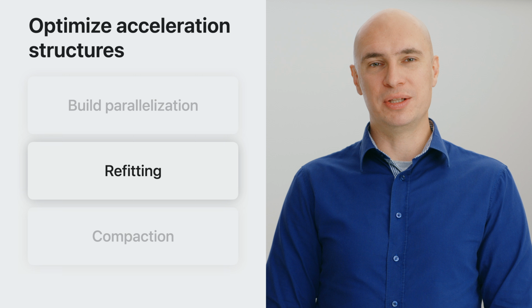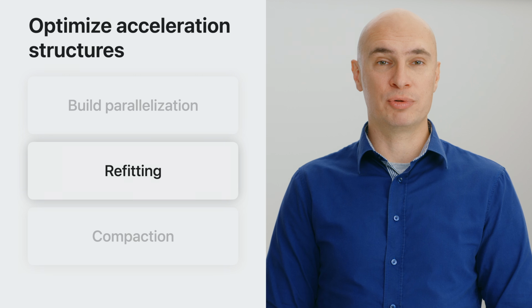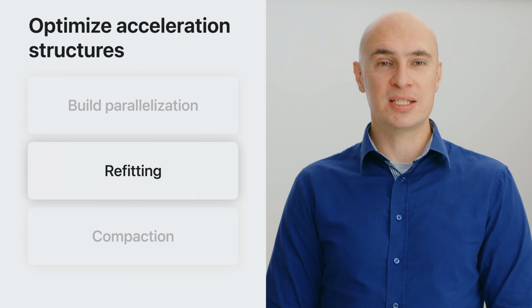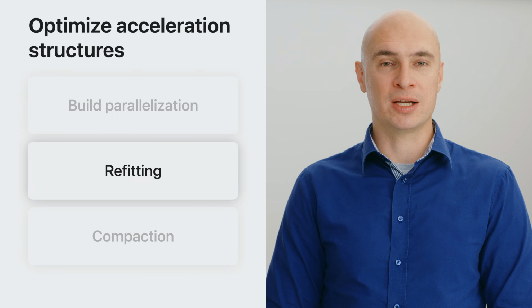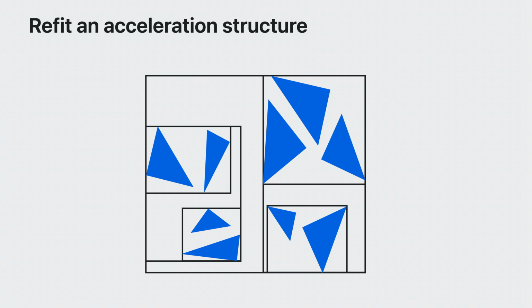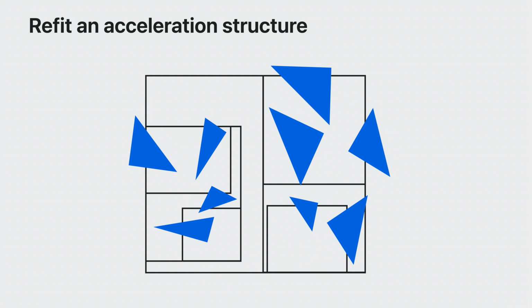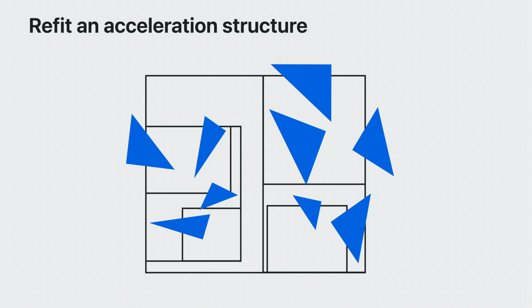Sometimes, the best way to reduce the time spent rebuilding acceleration structures is to avoid rebuilding altogether. This is where acceleration structure refitting comes in. When Metal builds an acceleration structure, it groups nearby primitives into a hierarchy of boxes. If your primitives move, those boxes no longer accurately represent the scene, and the acceleration structure needs to be updated.